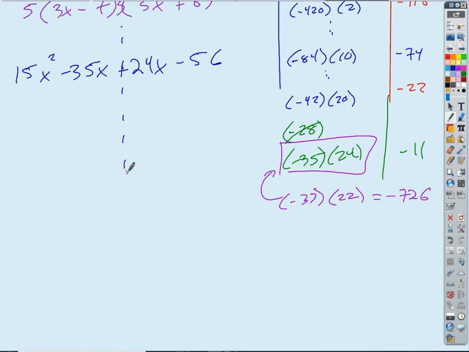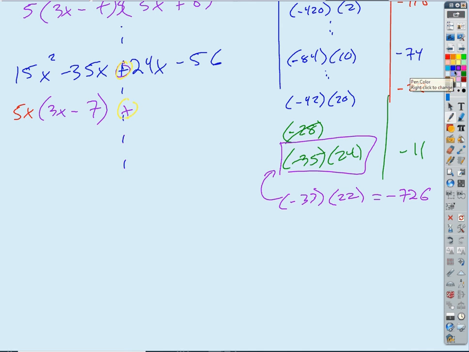We're gonna factor out the greatest common factor here, which is gonna be 5x, leaving us with 3x minus 7. And then we've got this plus sign in the middle, so I just want to keep track of that.